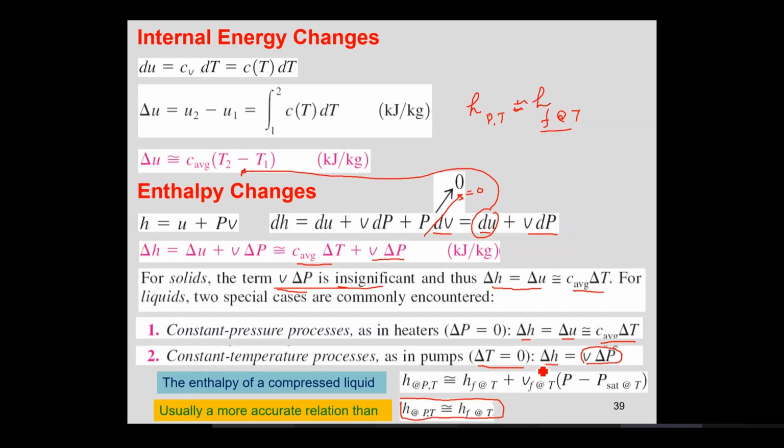It can be modified with a more accurate relationship where you add the V delta P term in addition to this approximation. V delta P is essentially coming from the constant temperature process, and it is Vf times the difference of the actual pressure given to you minus the P saturation at that temperature.